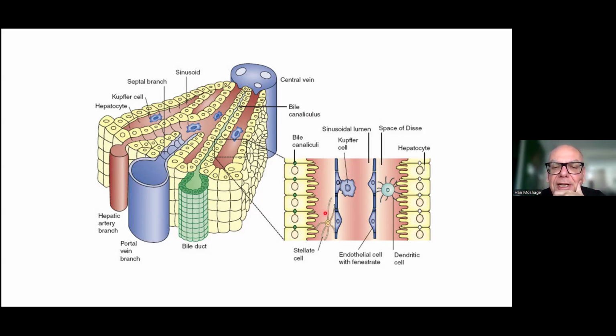You could compare them to fibroblasts. In normal conditions, in healthy livers, the stellate cells are very important in the metabolism of lipids. So they store lipids, they store vitamin A, and so they are very important in the metabolism of lipids.